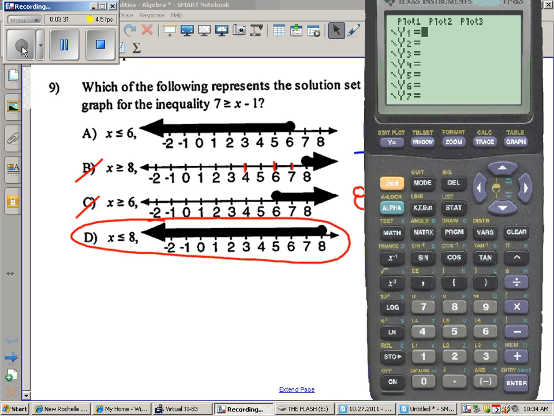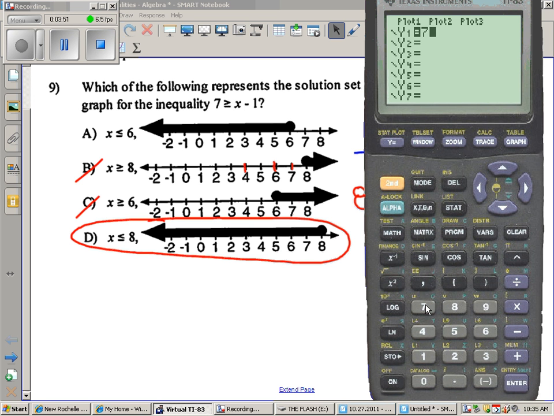If you are given an equation, you can plug it right into the calculator. Did everybody hit the y equals button on your screen? Good. Type 7. In your calculator, we need to go grab this symbol right here.